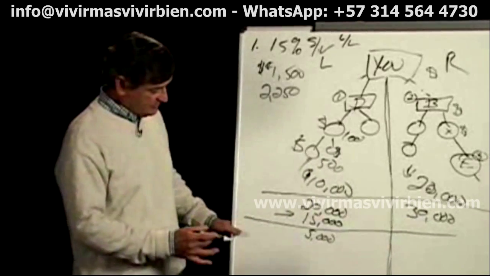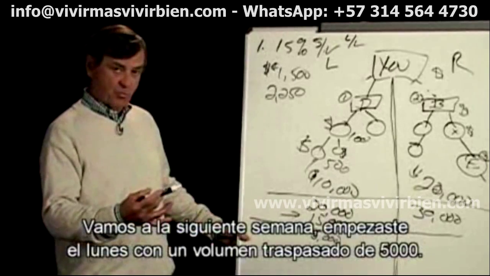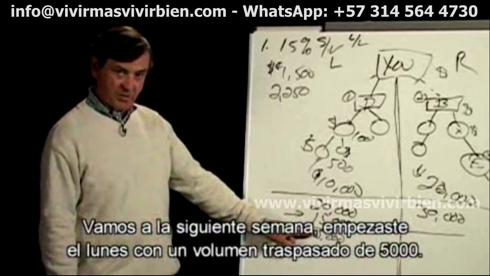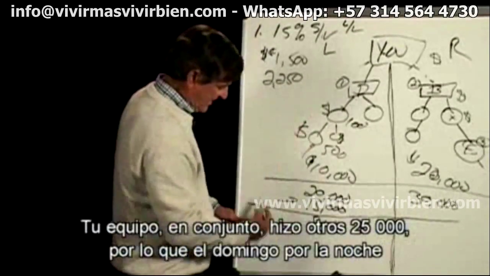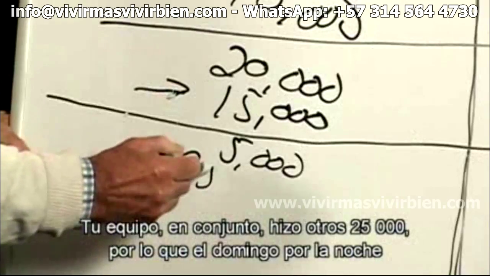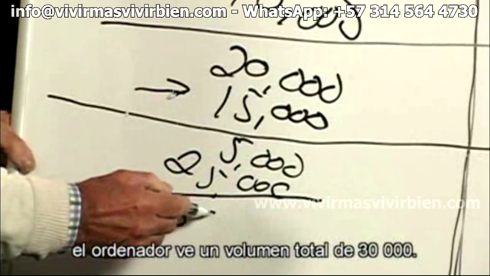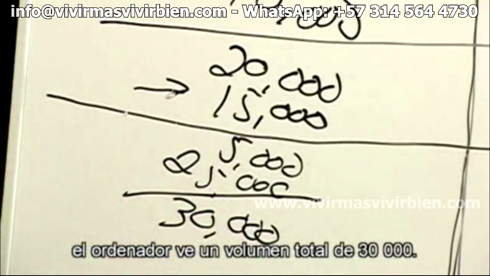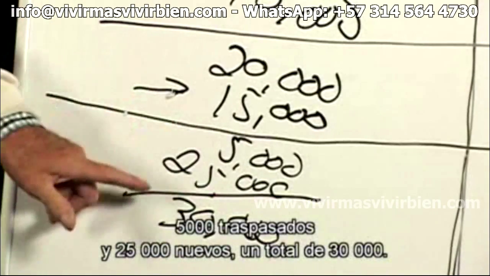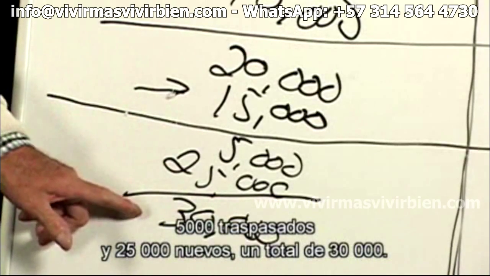Let me give an example. Let's say that going into this next week where you started Monday morning with this carryover volume of 5,000, your team collectively did another 25. So Sunday night, the computer sees 30,000 in total volume, right? 5,000 carryover, 25,000 new for a total of 30,000.